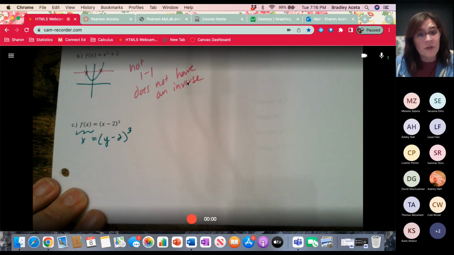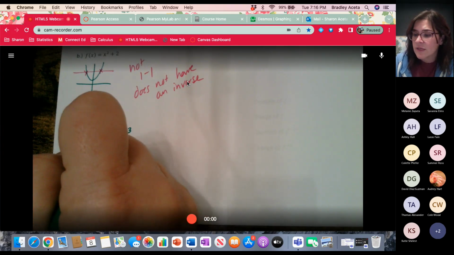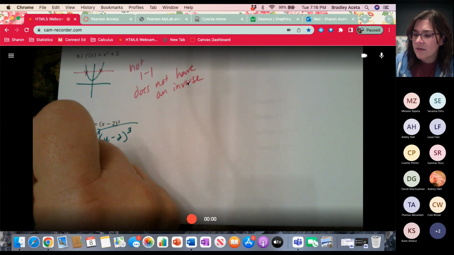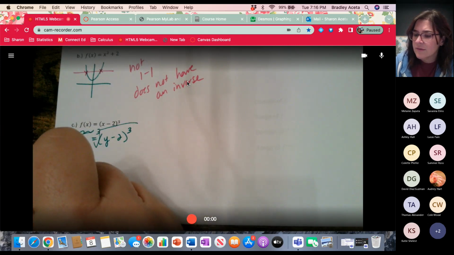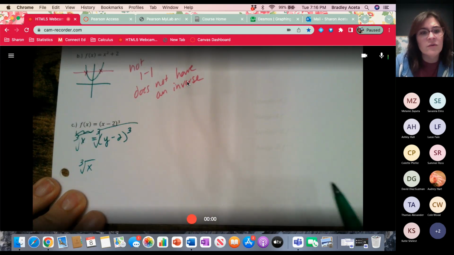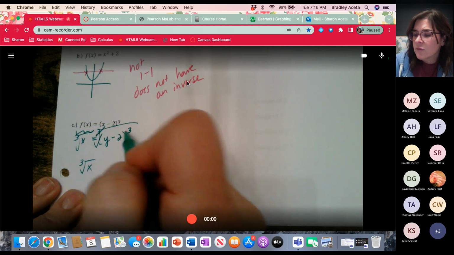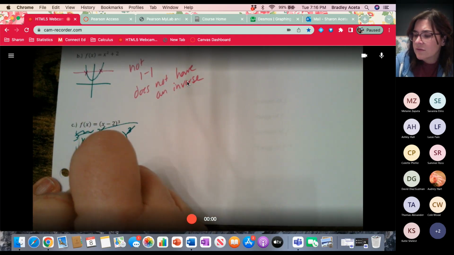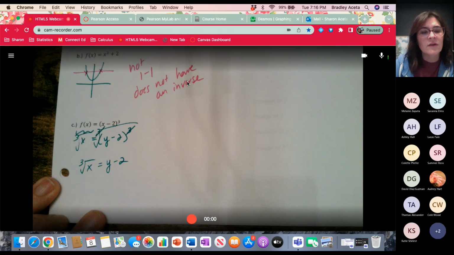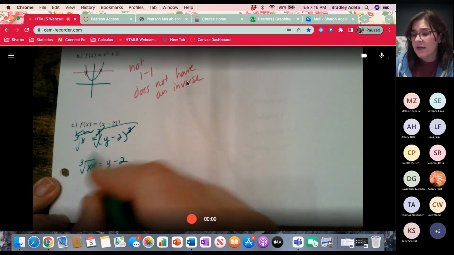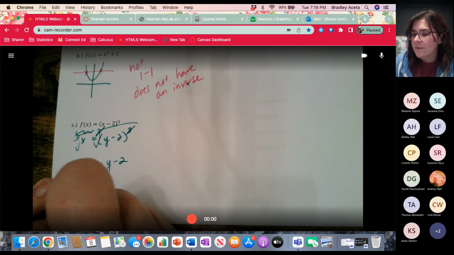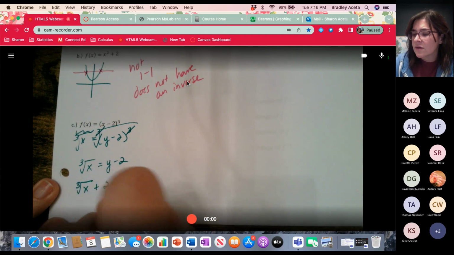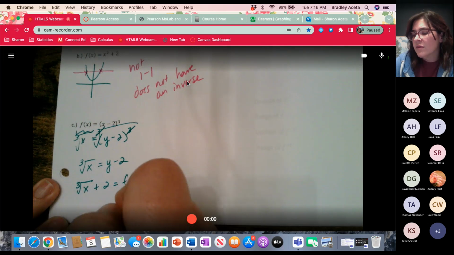I cube root it. So take the cube root of this side and the cube root of this side. On the left, you'll have cube root of x. Cube root and cube will cancel, and you're left with y minus 2. And then again, you're just solving for y, so just add 2 over. Cube root of x plus 2 equals, and I'm not going to put y, I'm just going to put the inverse.